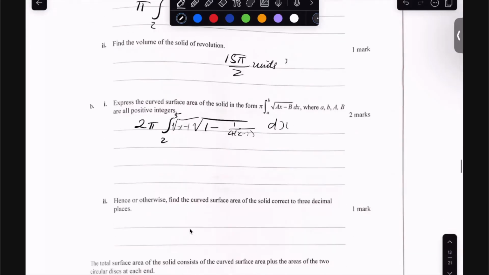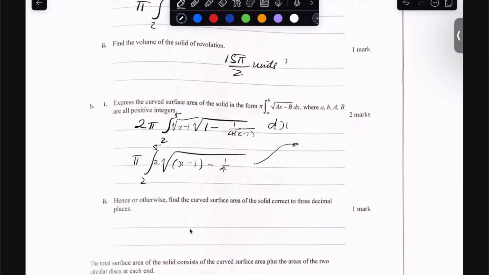And so you've got, it just wants the pi on the outside. You can multiply the inside, so you've got x minus 1 minus 1/4, and then you've got a 2 there.